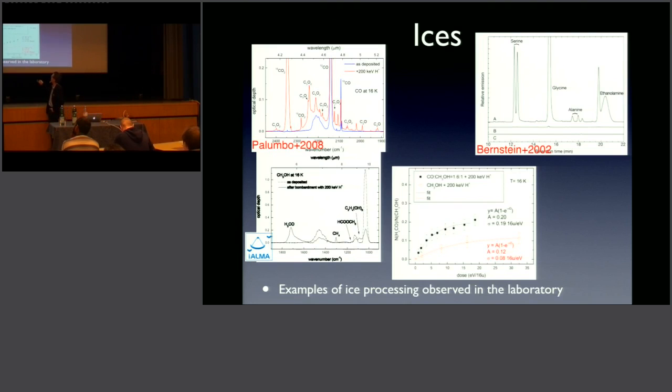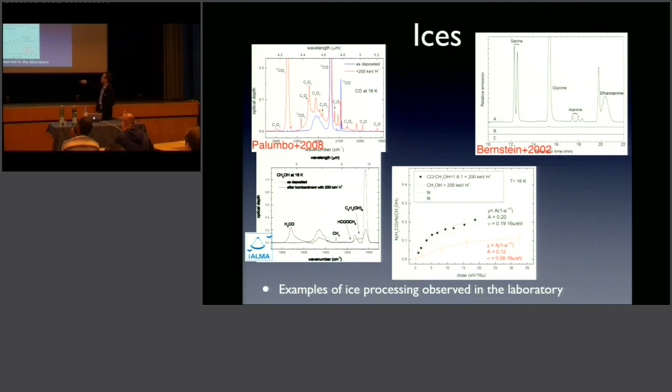So here you have, for example, a CO ice. The blue line is the original ice that contains mostly CO and CO isotopes, and then you process it, and you find that you create more complex molecules with several carbon atoms and several oxygen atoms. Of course, you start only from CO, so you end up only with molecules that contain carbon and oxygen, okay?